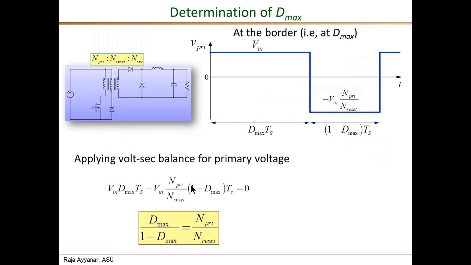So you can cancel out the Ts and the Vin in both of these terms, and what we have is Dmax over 1 minus Dmax is this turns ratio N primary over N reset. So once we have fixed this, then the Dmax is given by this expression, or once you know what the desirable Dmax is going to be, depending on the circuit design considerations, then we can go ahead and select the appropriate turns ratio between the primary and the reset winding, again using this expression.